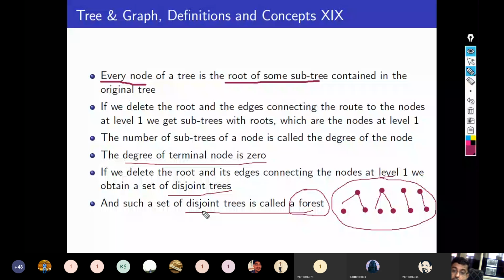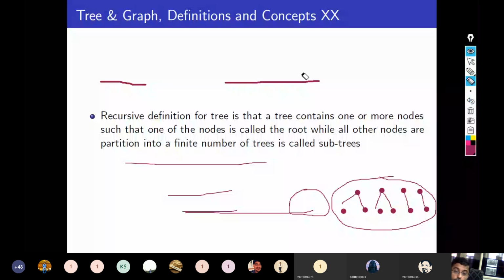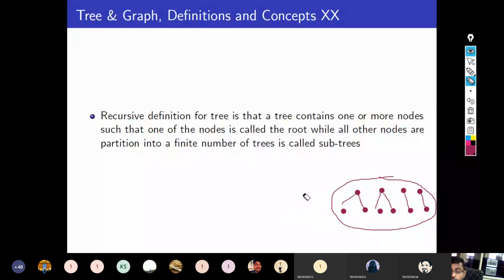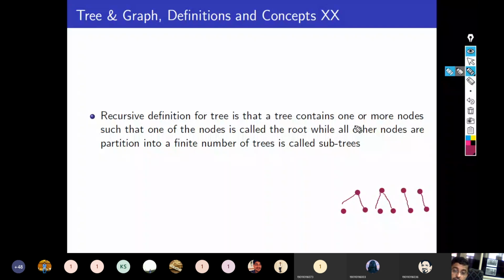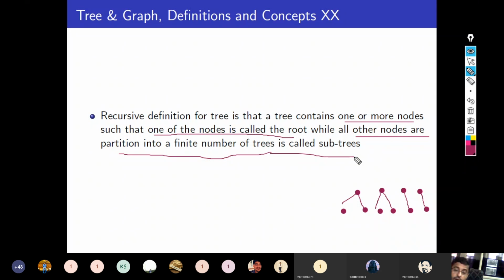Okay, let's go ahead. So now at this point, we can represent the recursive definition of the tree. The recursive definition of tree is that a tree contains one or more nodes such that one of the nodes is called the root, while all other nodes are partitioned into a finite number of trees called subtrees, right?